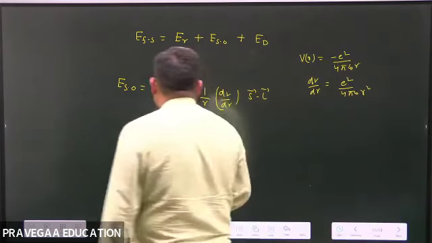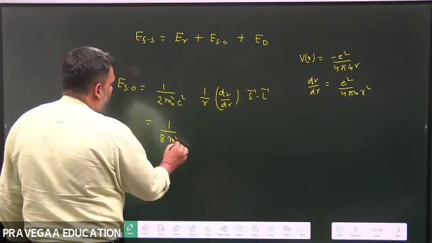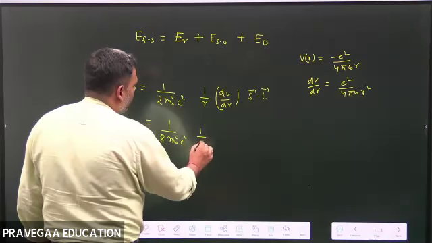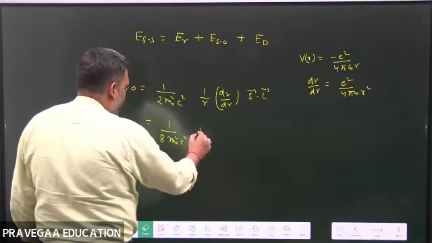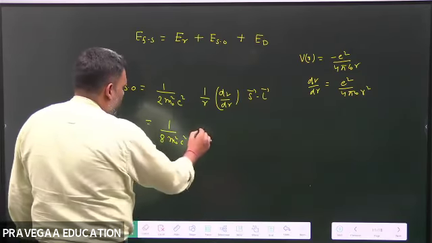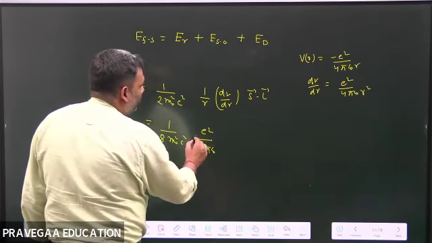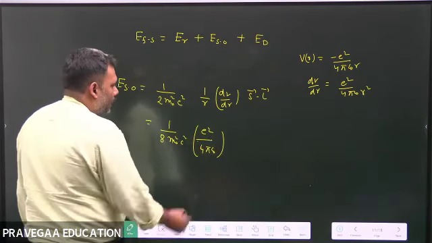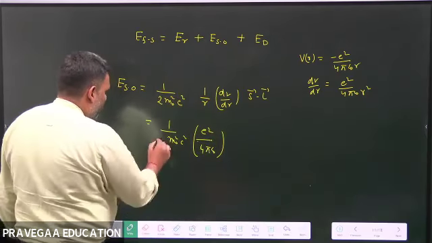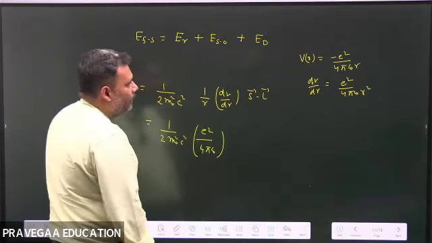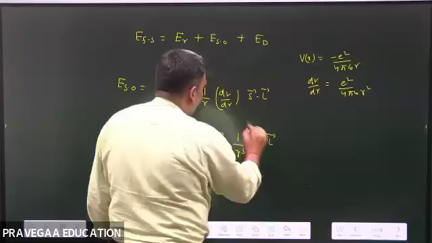When we put this into the formula, we have 1 upon 2 m naught square c square, and here we have 1 upon r cube, times e square upon 4 pi epsilon naught, and you have S dot L.